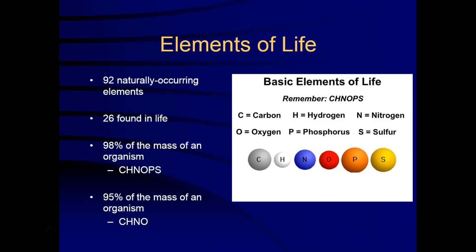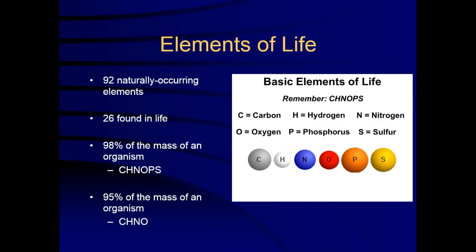Now, living organisms are built from these different elements. But the remarkable thing is out of those 92 naturally occurring elements, life only uses 26 of them. And the remarkable thing out of those 26, 20 of those elements are found in tiny, tiny amounts. They're found in trace amounts.